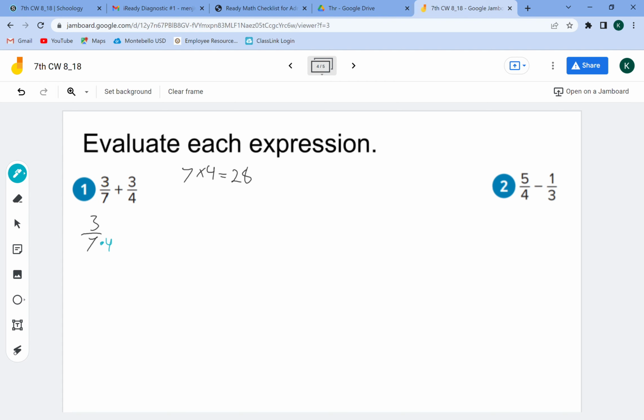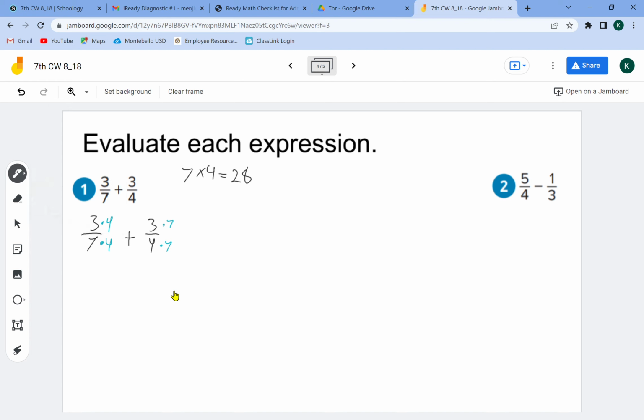Like we discussed earlier this week, if I do it to the bottom, I also have to do it to the top number, the numerator. Then plus 3/4, and I multiply here by 7 to get 28, and multiply the top by 7 as well.